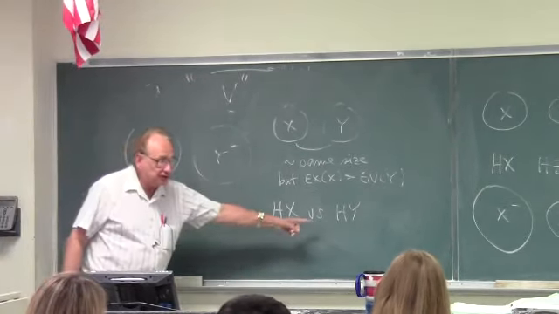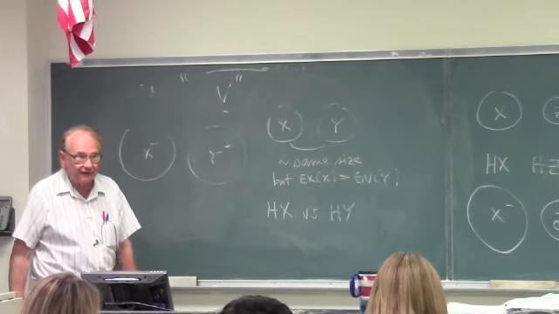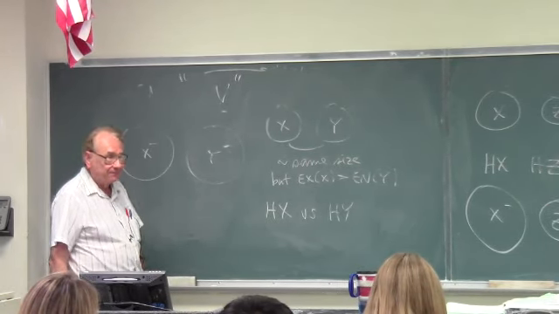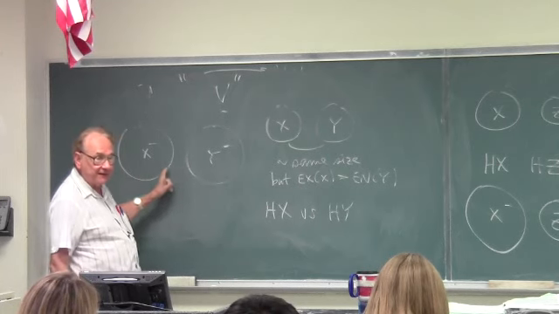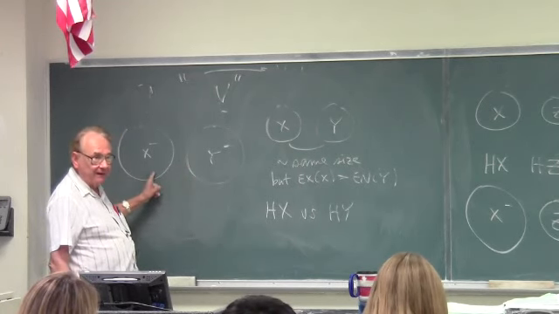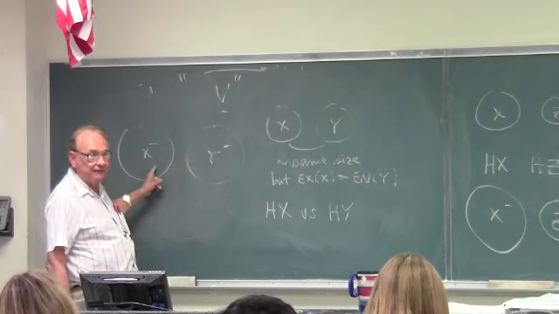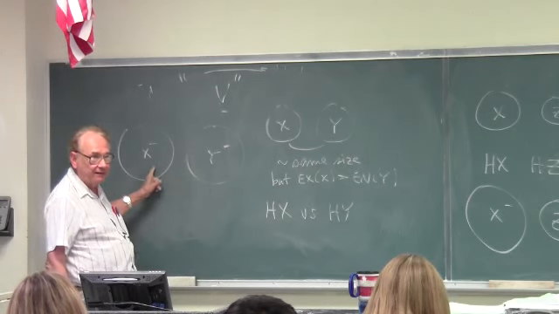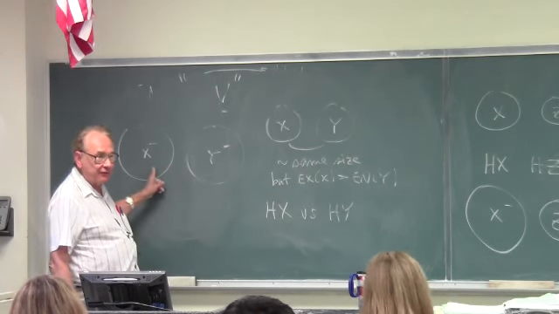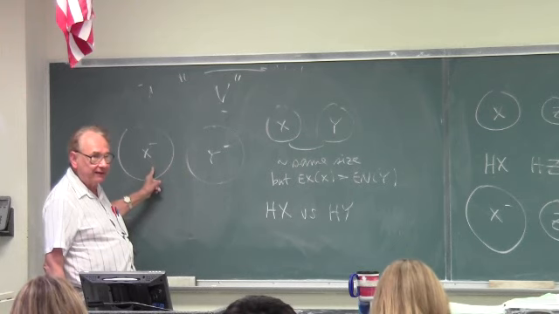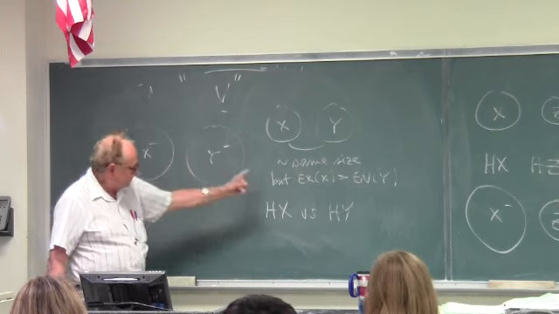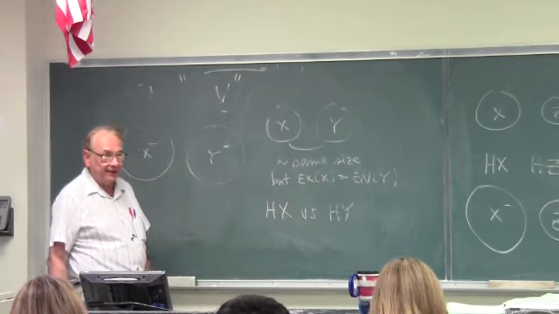That's what I get when HX and HY each do their Bronsted acid thing. Which of these bases is more stable? Which of these bases has the smaller negative charge concentration? Which of these bases is derived from the atom of greater electronegativity? This one, right? Because it said X is more electronegative than Y.